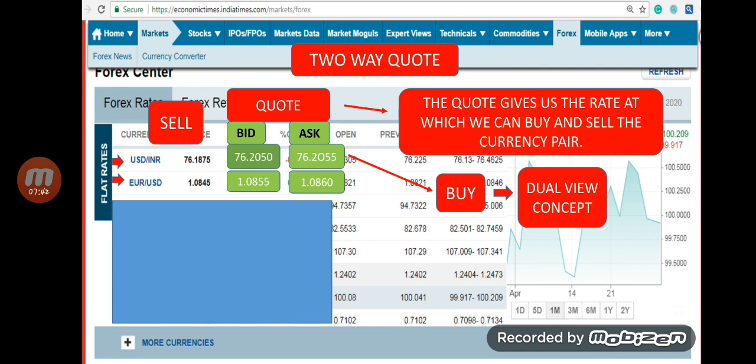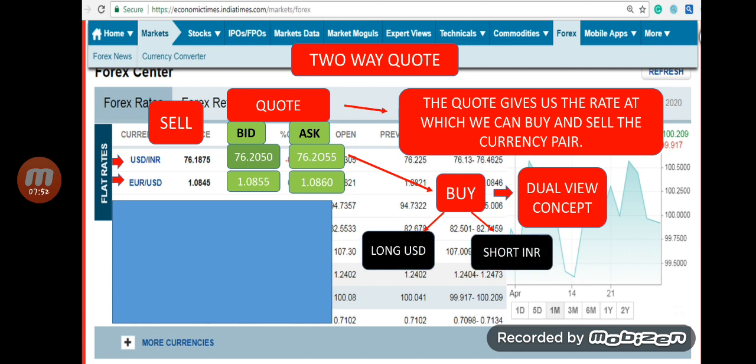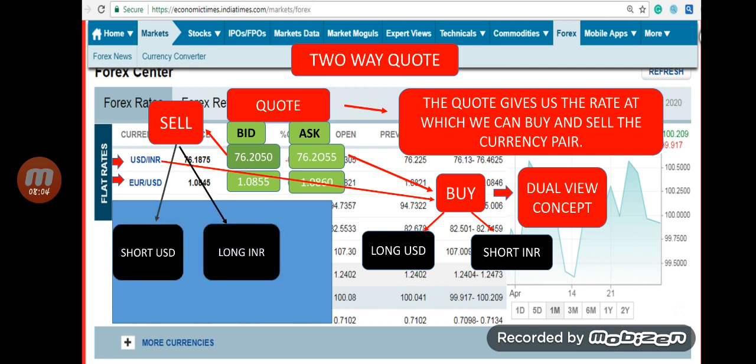This ask price 76.2055 is going to increase only if the USD is increasing and the INR value is decreasing. When any trader wants to sell, they have to check the bid price. So whenever they are selling, they will be in profit when the USD value decreases and INR value increases. So this is the concept of two-way quote.